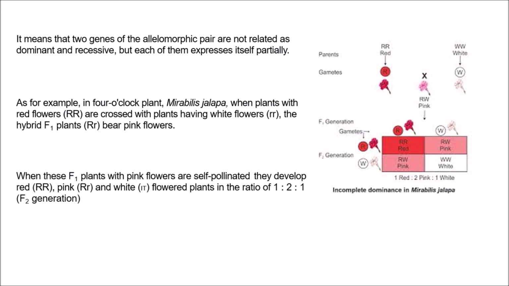When these F1 plants with pink flowers are self-pollinated, they develop red, pink and white flowered plants in the ratio of 1:2:1 in the F2 generation. In the next filial generation, when pink was self-pollinated with pink, they gave red, white and pink, three colors exhibited in the ratio 1:2:1.